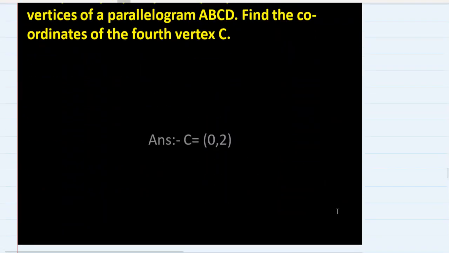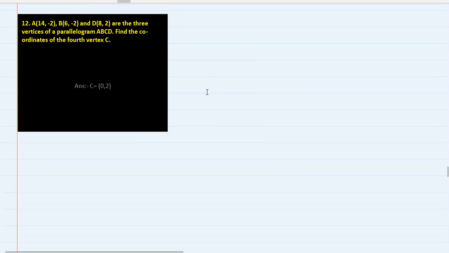Hey, we were just talking about parallelograms and here we go. Okay, so we have to draw a parallelogram first. Point A is 14 comma minus 2.